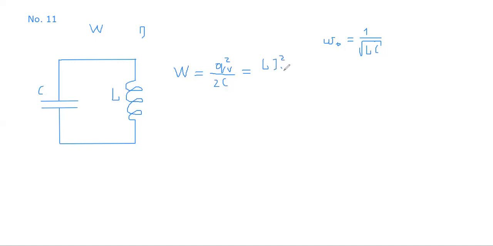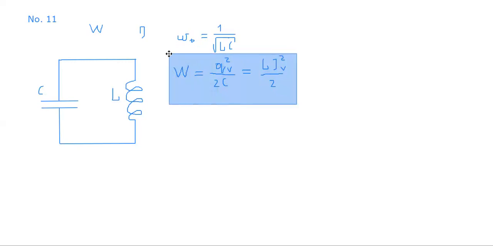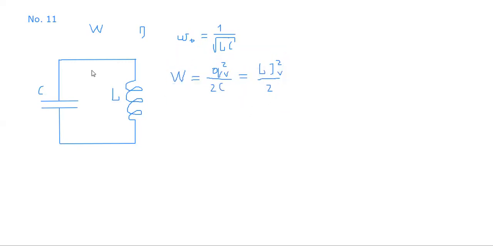And in some intermediate case, when part of the energy is in the capacitor and part of the energy is in the inductor, it can be written as this, plus this, divided by 2.